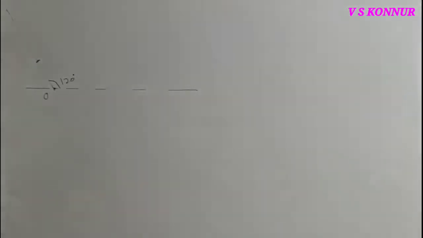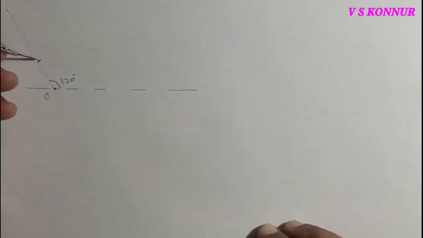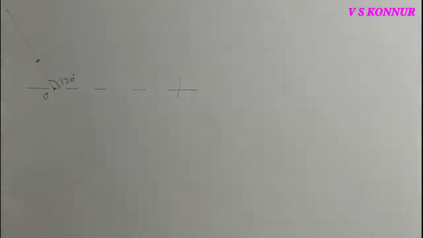Then another length is given, 900, that divided by 10 is now 90 millimeter. So keeping at this point, cut the horizontal line by 90 millimeter, since the original scale is 900 millimeter.